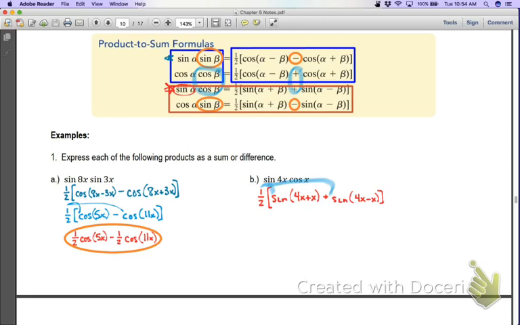If you just want to shortcut it and do your math all at once and have 1/2 sine of 5x plus 1/2 sine of 3x, that's completely up to you as far as how much or how little you do.